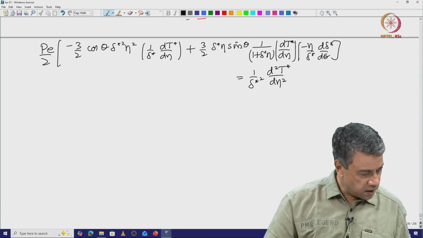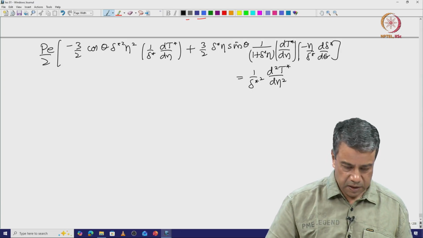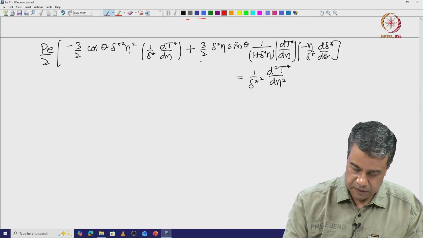I can collect some factors on the left and the right side. First of all, there is a 3 by 2 multiplying each of these terms.